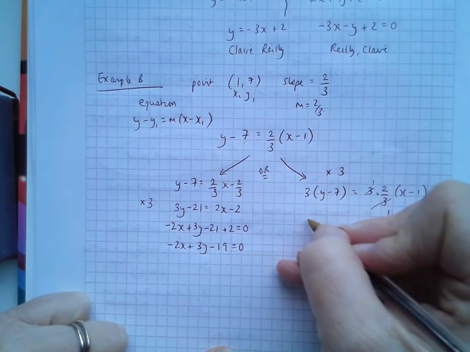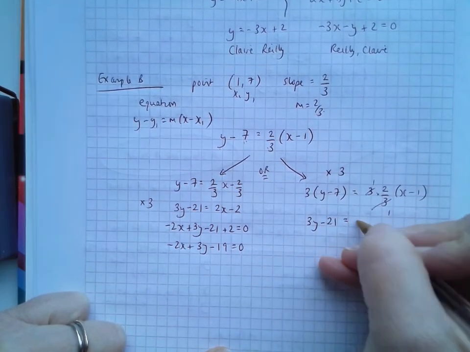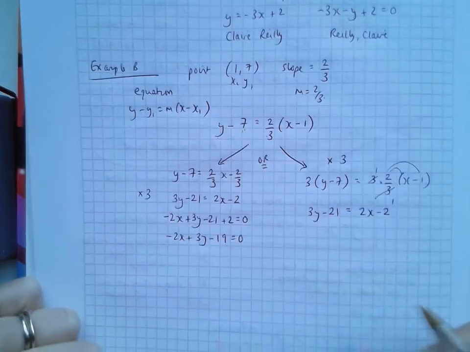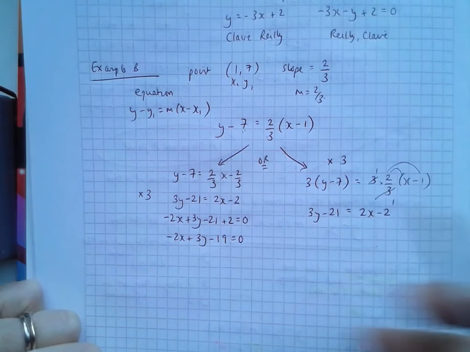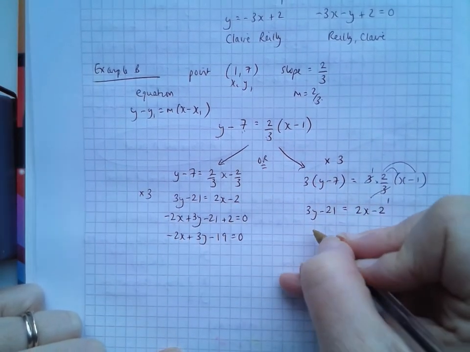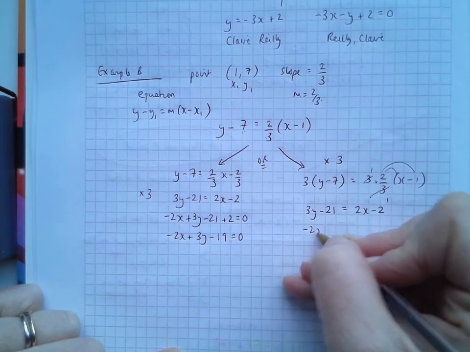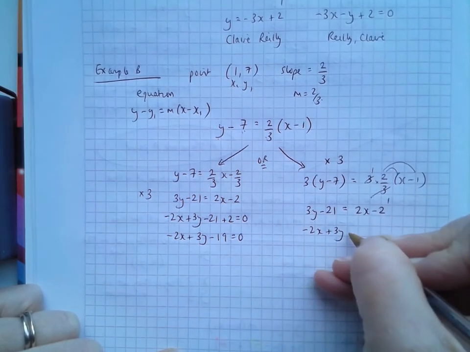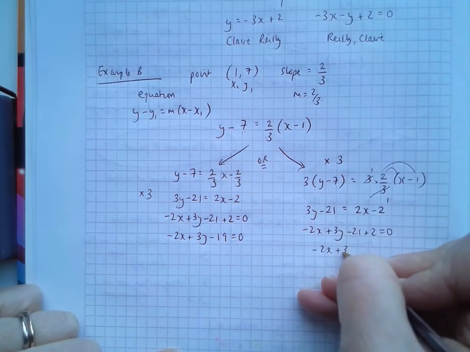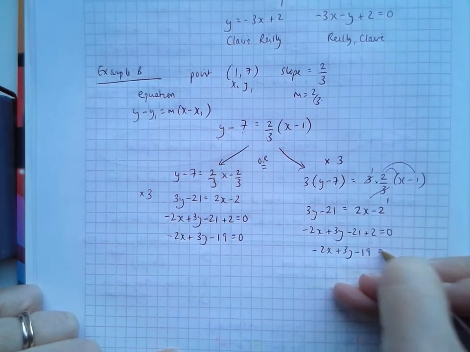So what we have is 3y minus 21 is equal to 2x minus 2. So you notice we get to the same stage. It's just that here we've got a fraction and here we haven't. You can decide which you prefer. We end up then with the same equation, minus 2x plus 3y minus 21 plus 2 is equal to 0. Minus 2x plus 3y minus 19 is equal to 0.